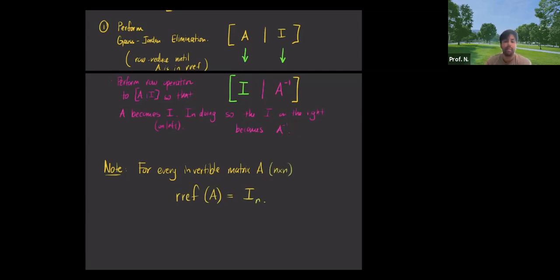So for every invertible matrix A, the row reduced echelon form of that invertible matrix will always result in the identity. That's for every invertible matrix. Non-invertible matrices do not have the identity as their row reduced echelon form. So that's how you distinguish between these different sets of matrices.